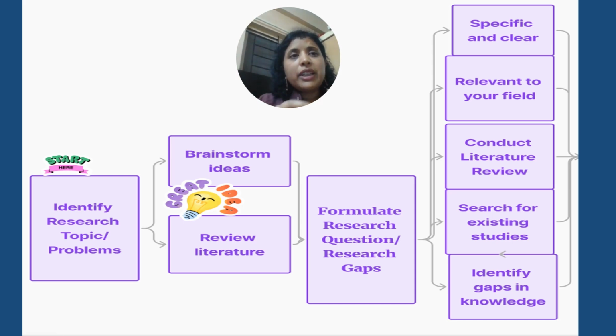Okay, so when I'm saying problems, you can identify the gaps and the problems from the limitations. Anything which is left out in any paper, the authors themselves will write that this is the limiting factor of my work. Say for example, an author is working on women empowerment in the service sector in some city, maybe Bangalore, and the author has said that this is a limiting factor of his study, that he has done research only on women empowerment in Bangalore, and that too in the service industry.